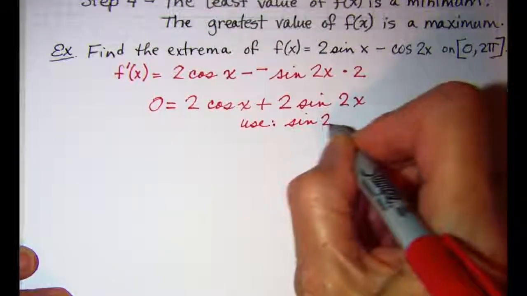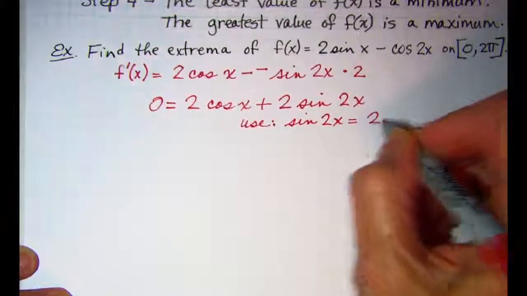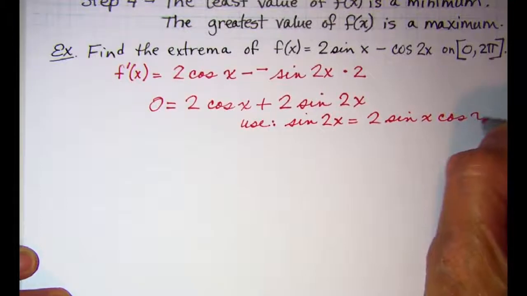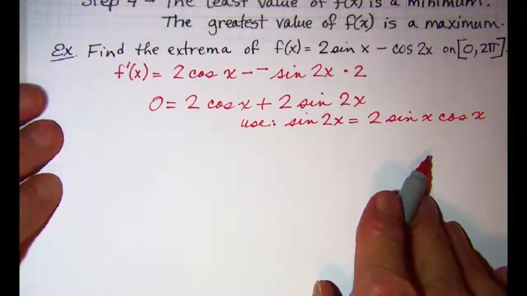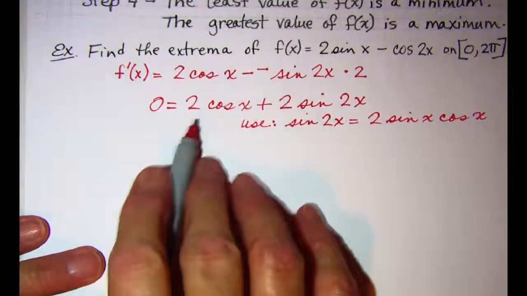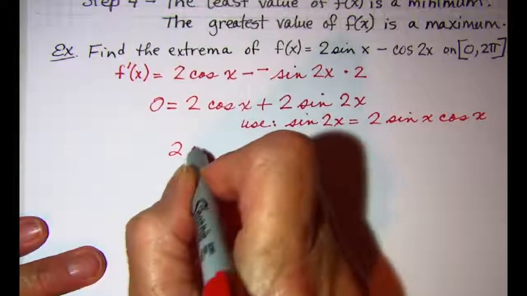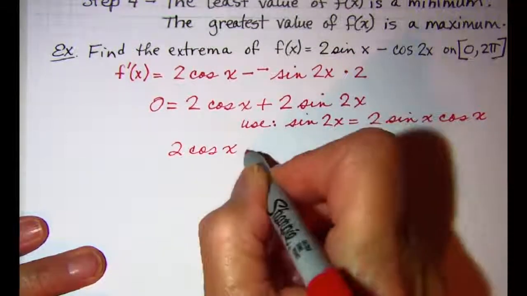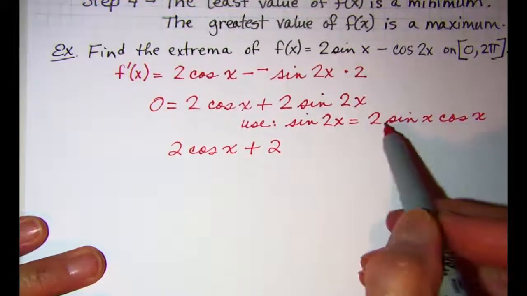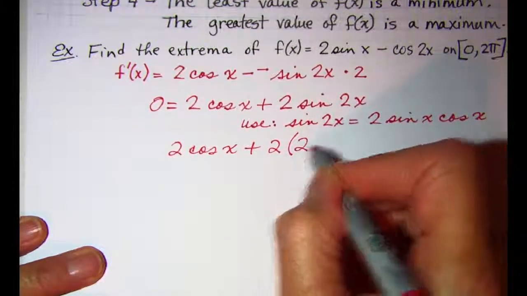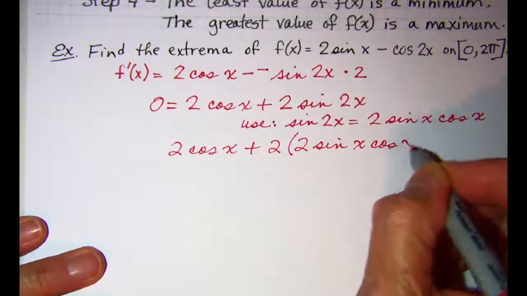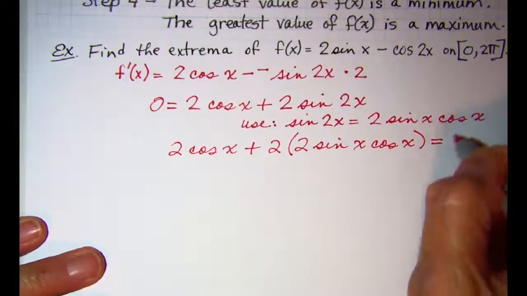Sine 2x is equal to 2 times sine x times cosine x. So let's put that in there and see what we get. 2 cosine x plus 2, and then instead of sine 2x, I'm going to put in 2 sine x cosine x, and then that's equal to 0.